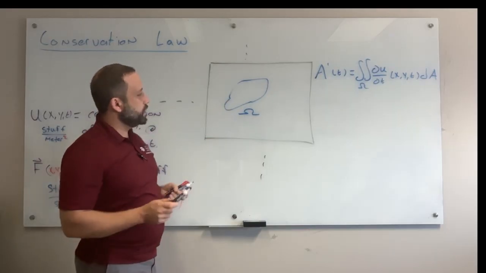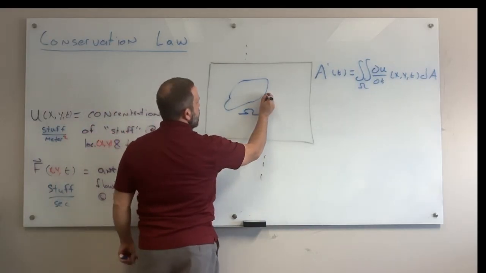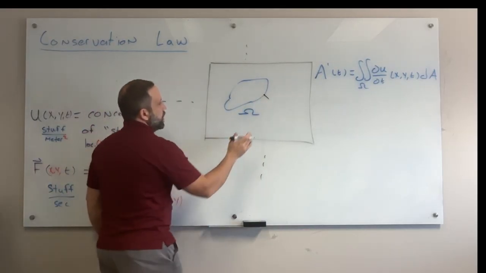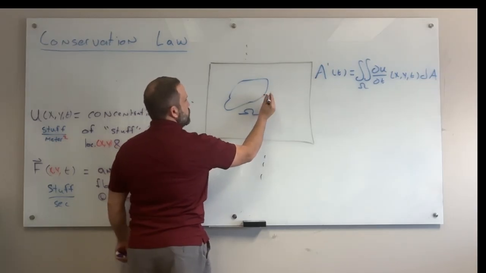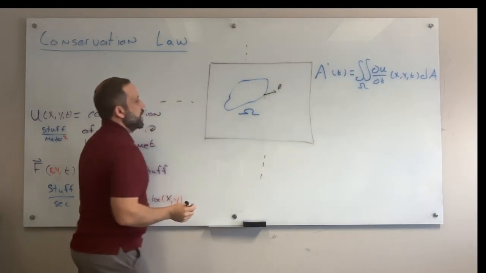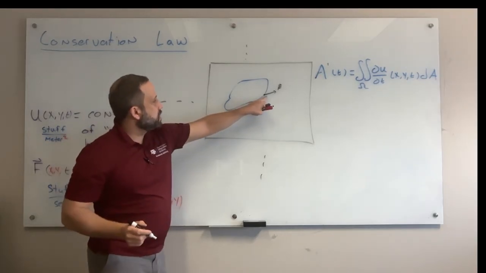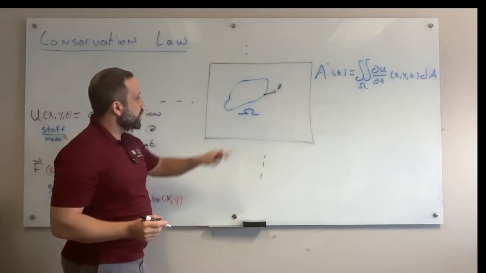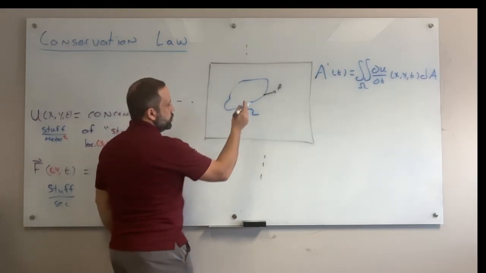Then for a fixed region right here, the only way things can enter or leave is through the boundary. So maybe at this point right here, we have a flux that looks like this. We can decompose this flux into two different directions.